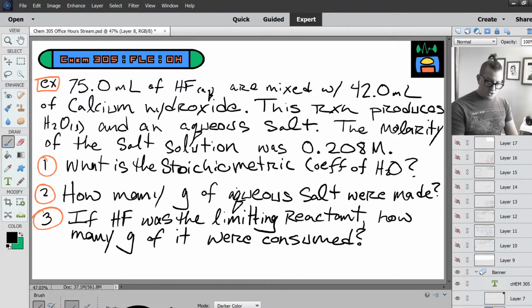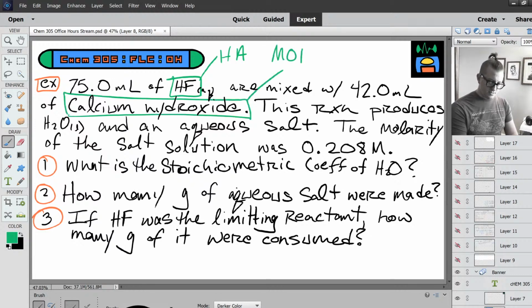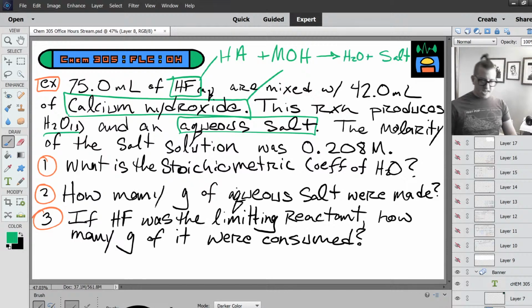It is a reaction between an acid and, look at this, calcium hydroxide, a metal hydroxide base, that produces water and an aqueous salt. How cool is that?